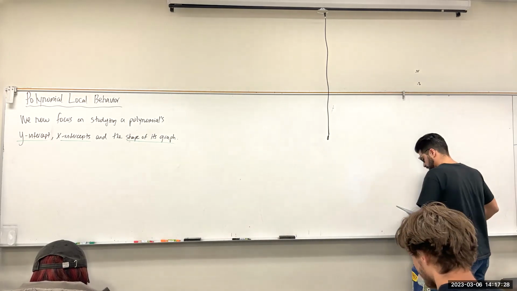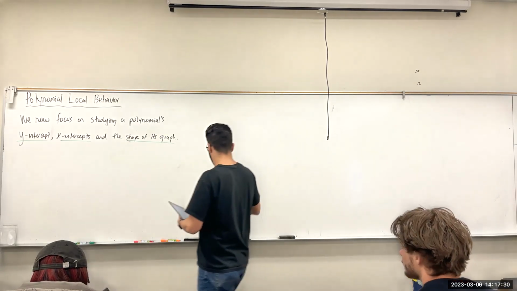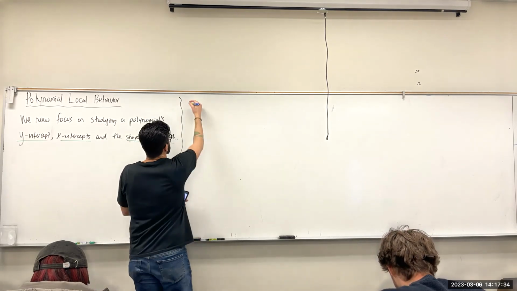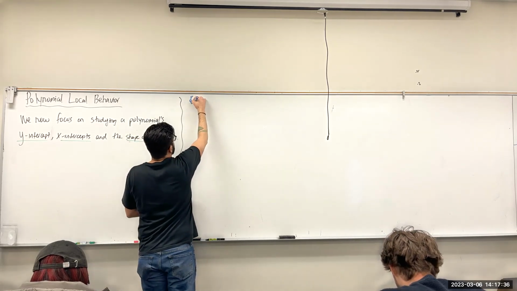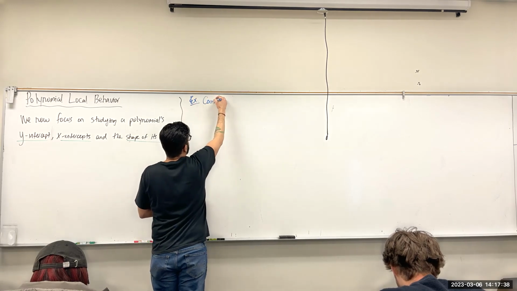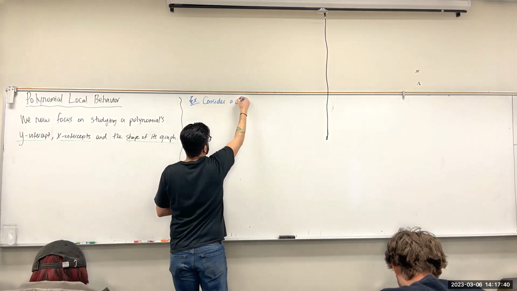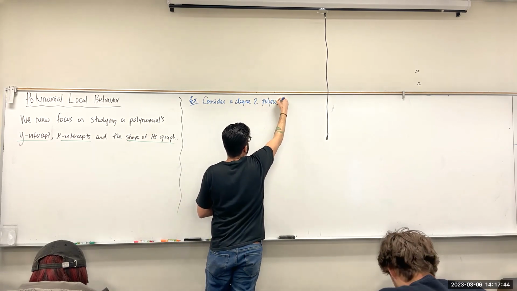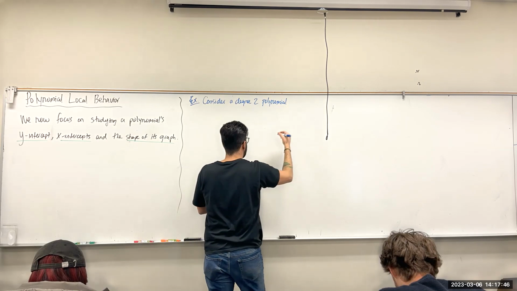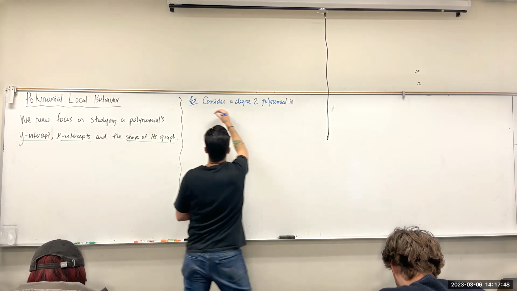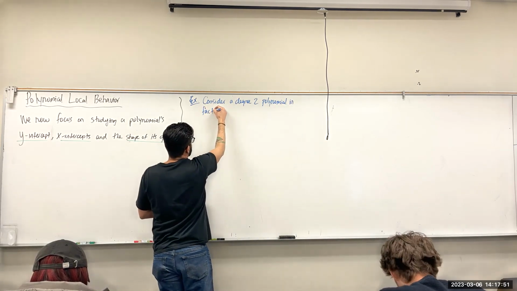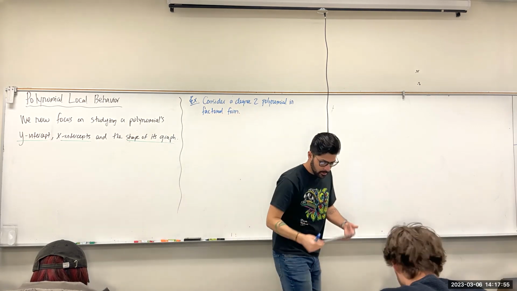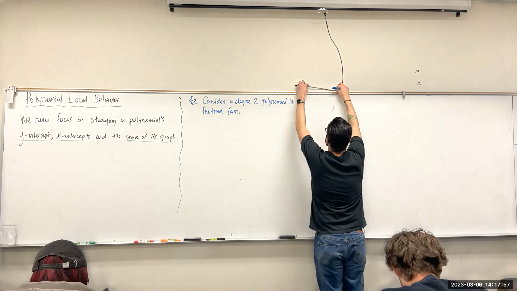Okay. So let's start with a polynomial that you're familiar with, which is a quadratic. So consider a degree 2 polynomial in factored form. I'm using some of the vocab that we learned last class.